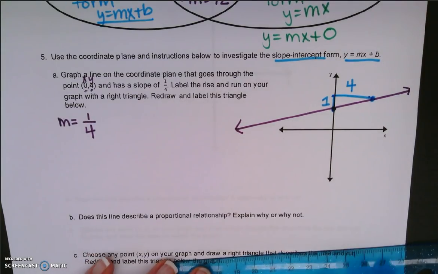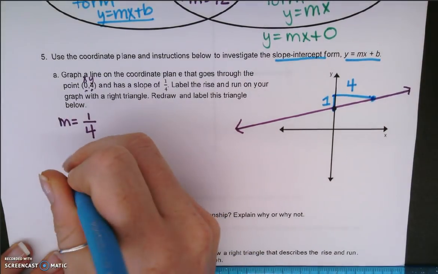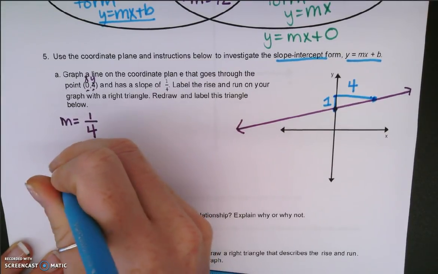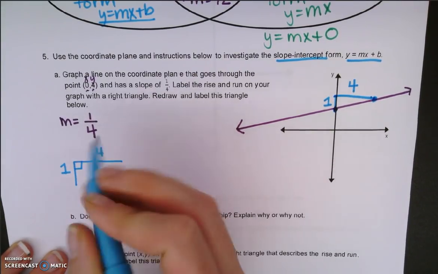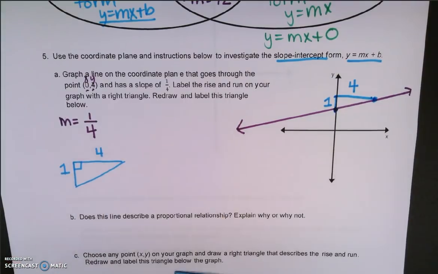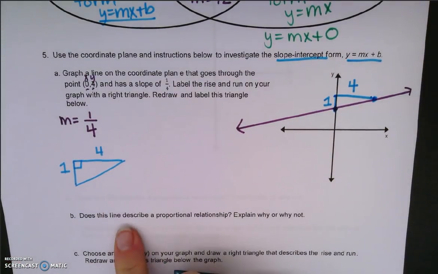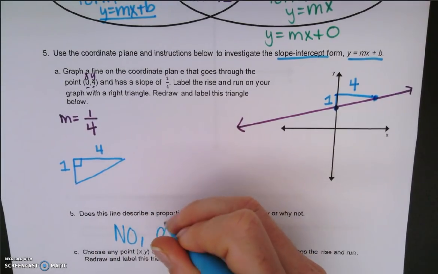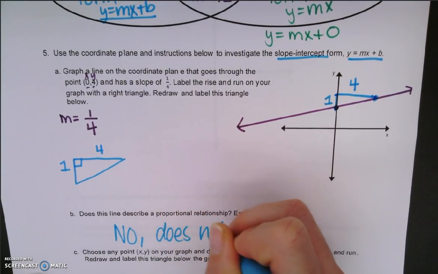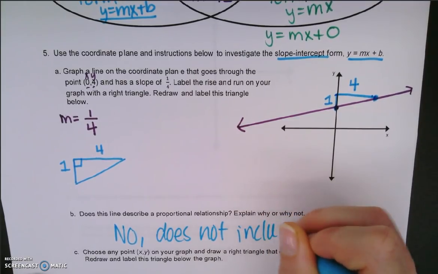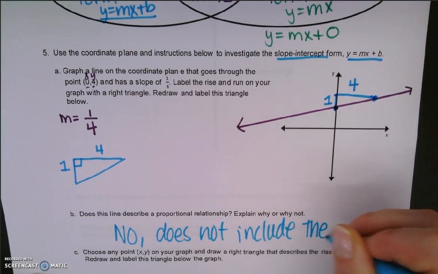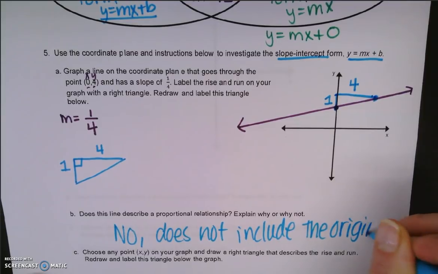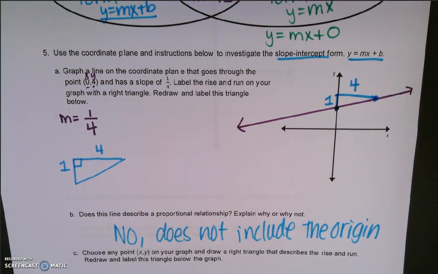So this slope triangle has a rise of 1 and a run of 4. Excellent. Does this line describe a proportional relationship? No. It does not include the origin. Okay, let's move on to the next question.